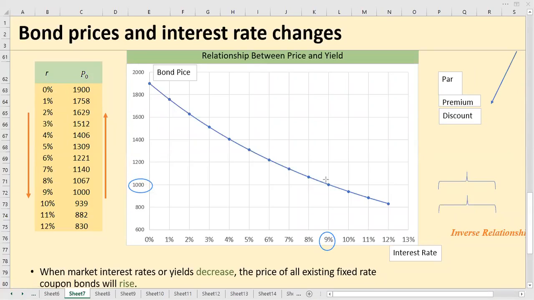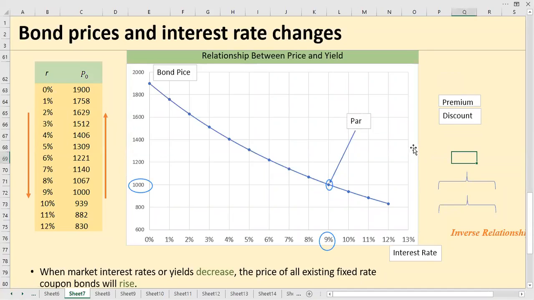So this point, we call this point par. Now at this point, we normally believe that the bond is trading at the par value. So this point we consider as par.